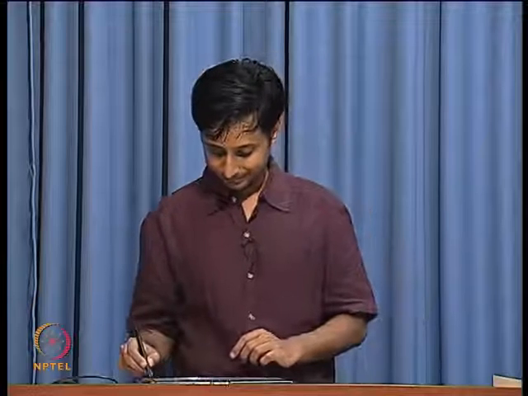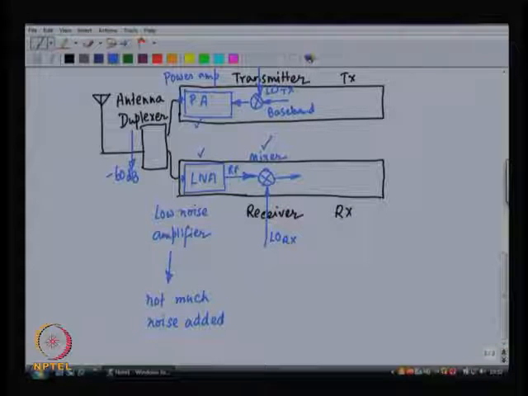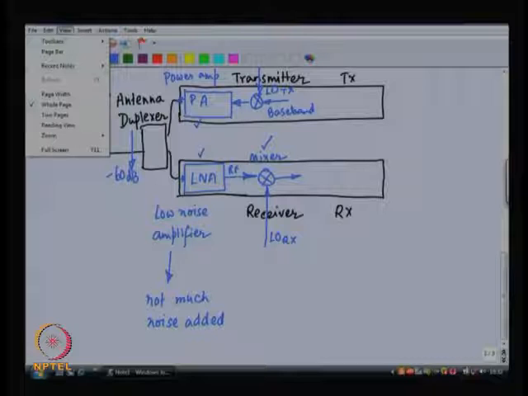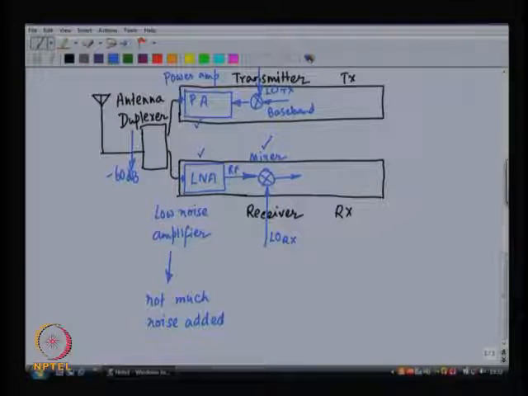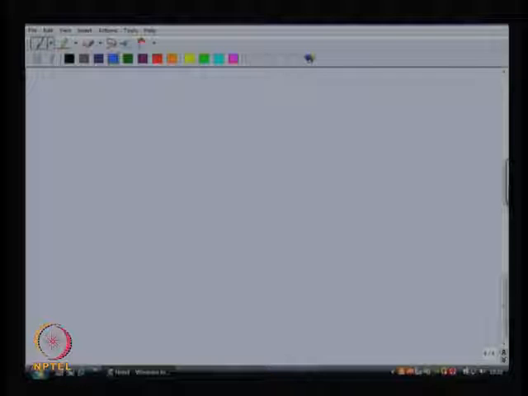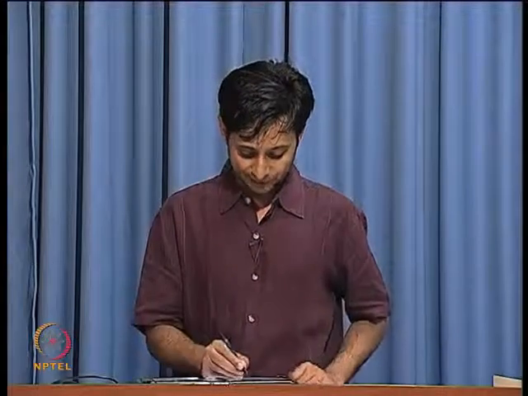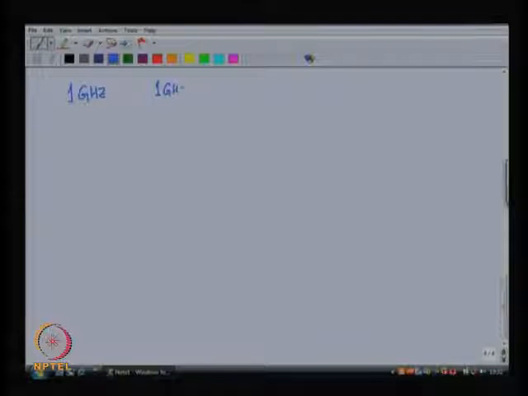So, let me say something like this. The base station frequency is 1 gigahertz, for example. Now, if I am listening and I am not sure about what exactly 1 gigahertz is, I think that 1 gigahertz of the base station is actually 1 gigahertz plus 1 hertz.